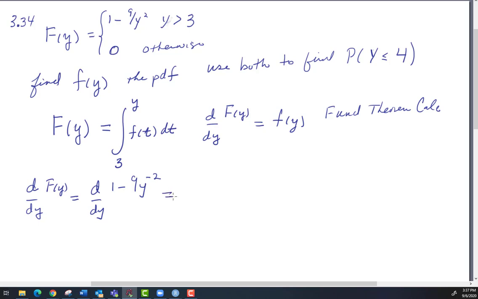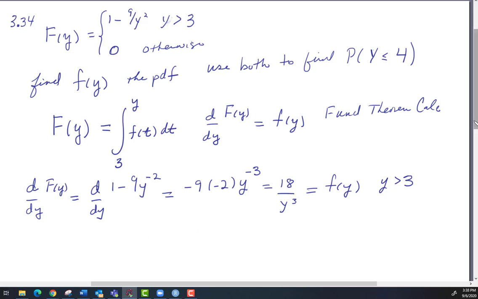Now the derivative of a difference is the difference of the derivatives, so the derivative of 1, a constant, is 0, and the derivative of this piece is negative 9 times negative 2 y to the negative 3, which is 18 over y cubed. So that tells me that this would be f of y, my PDF, and this would be for y greater than 3.